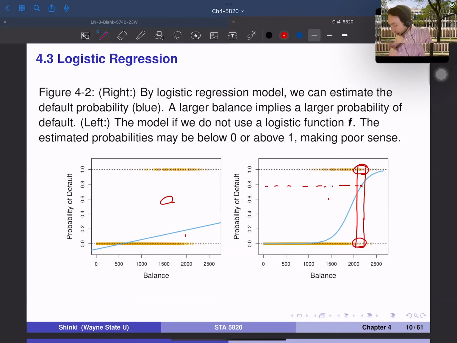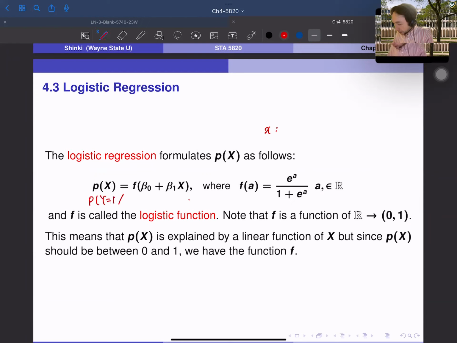Okay, so just some more details. For simplicity, suppose X is just a single predictor, and logistic regression formulates the probability of y equal to 1 given X, represented by p(X), as F of beta naught plus beta 1 X. Beta naught and beta 1 are parameters as usual, and F is a fixed function called the logistic function.